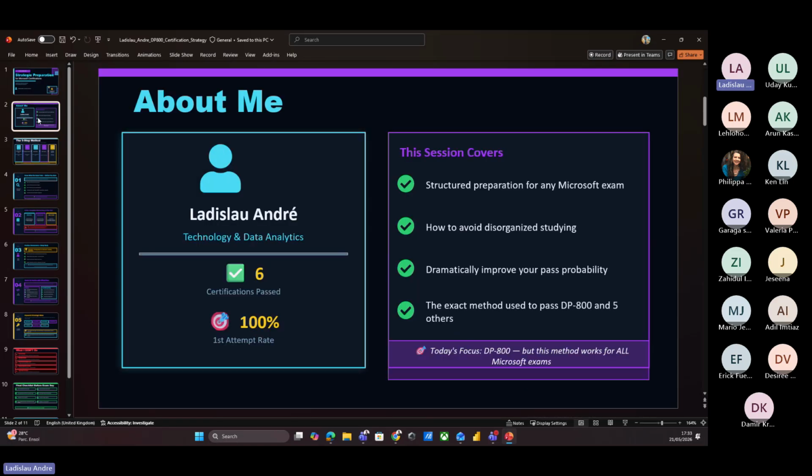Something about me. My name is Ladislau Andre, and I am a solution architect. I work as a data analyst and data engineer, and I'm switching now to a more specific data engineering role. I have these certifications from Microsoft: Excel Associate, Excel Expert, DP-900, Power BI, Fabric Analytics Engineer, and Fabric Data Engineering.